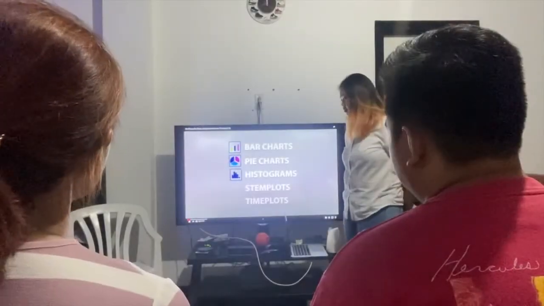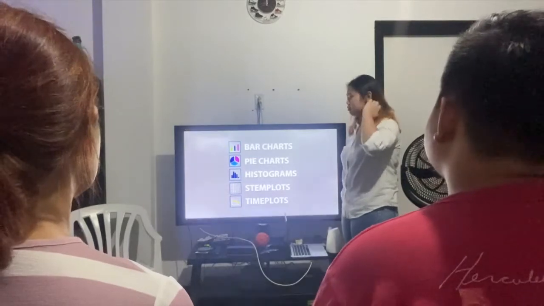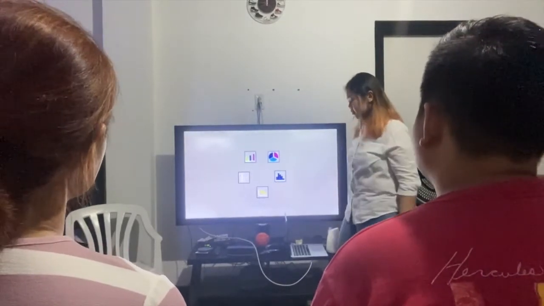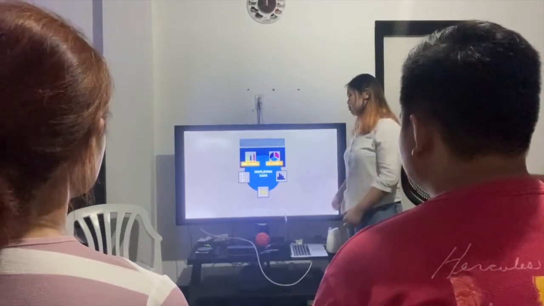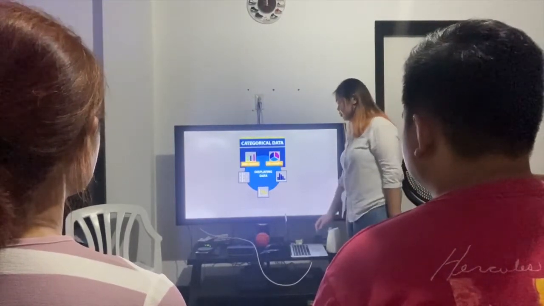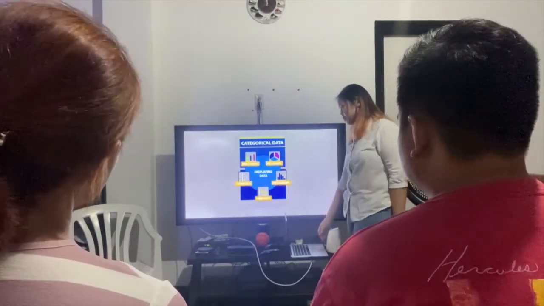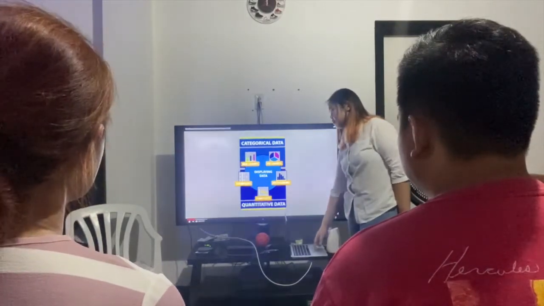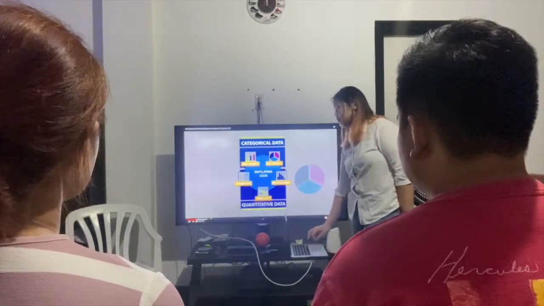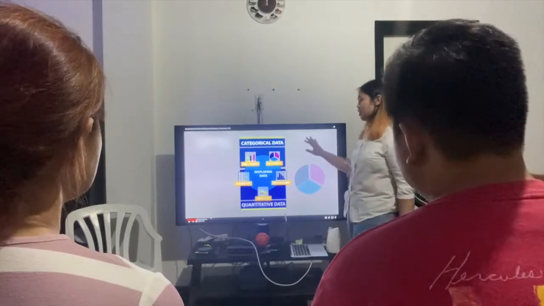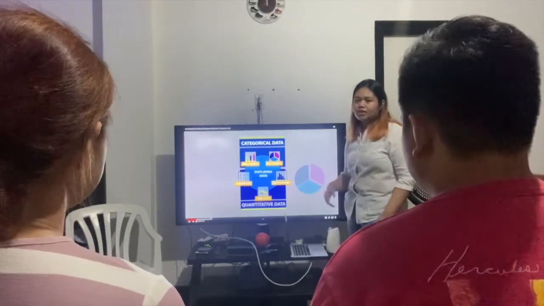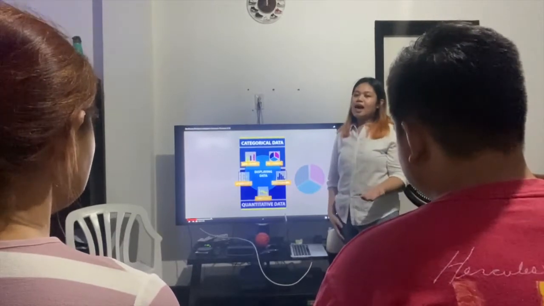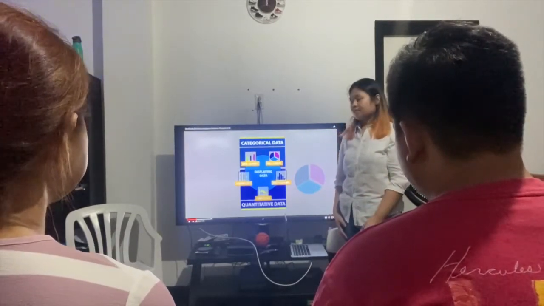Pie charts, histograms, stem plots, and time plots. We can use these tools as a way of displaying data. We often use bar charts and pie charts to display categorical data, and we often use stem plots, time plots, and histograms for displaying quantitative data. So again, we have two types of data, which is categorical and quantitative. So again, what are the two data that we have? Categorical and quantitative.